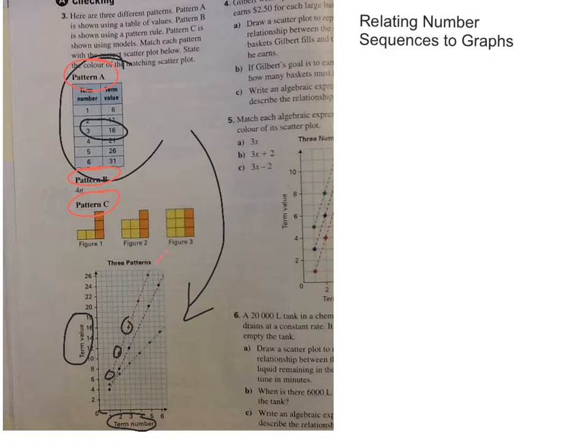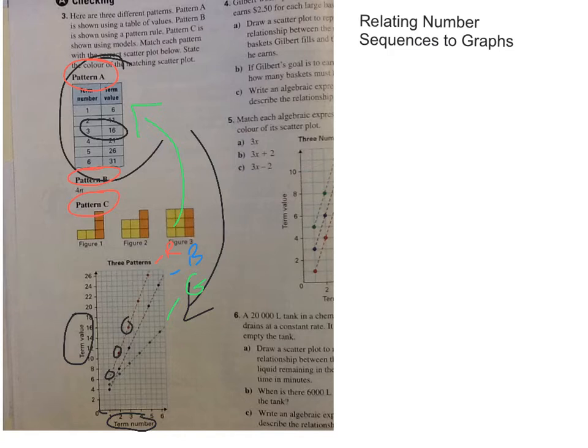So this one is red here, this one is blue, and let me just find the green. And that one is green. We have to figure out which one belongs to which. Now, in the example that I just used, you know that the red belongs to pattern A because we can see the coordinates there. Well, what about pattern B, which reads 4n?